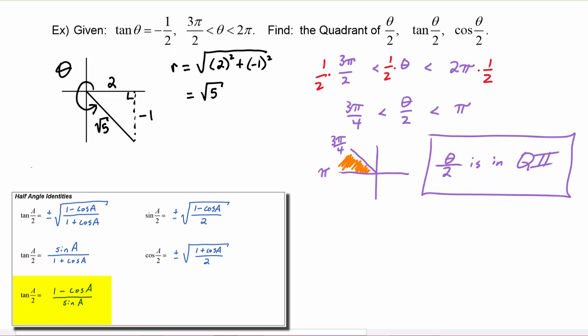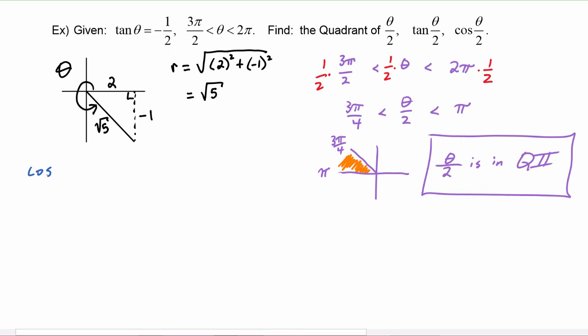Now, the cosine of theta we know has to be the x value, which is 2, divided by r, which is radical 5. I would suggest that you write this out and go ahead and rationalize it first before we try to plug it into the identity.